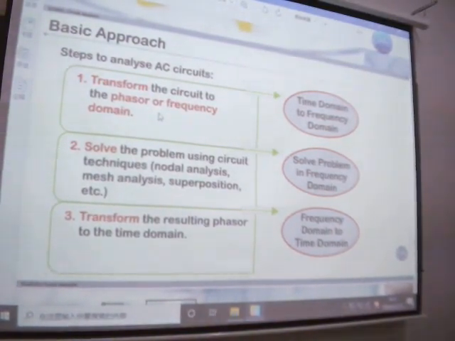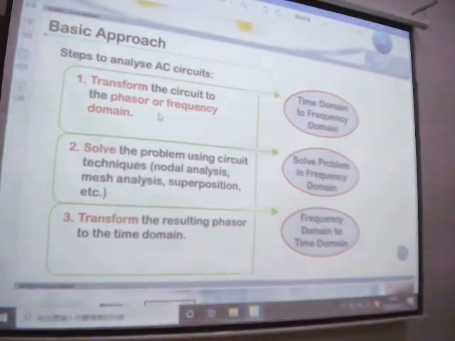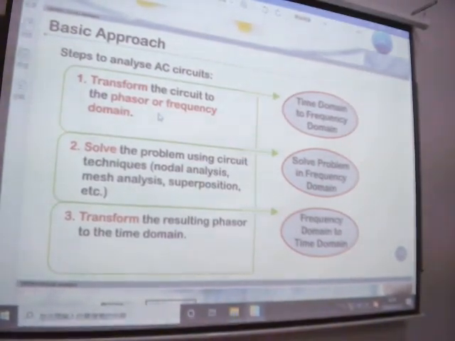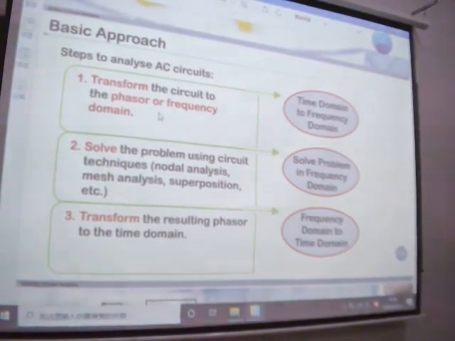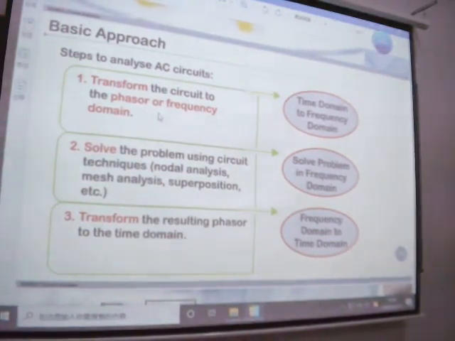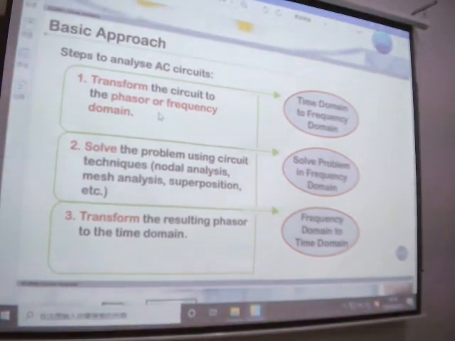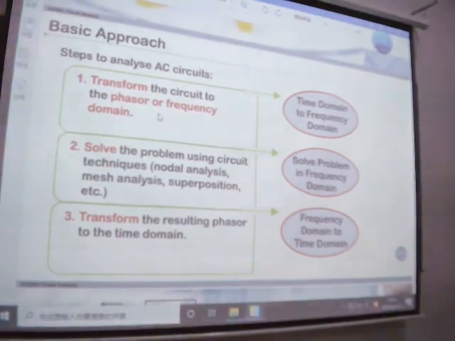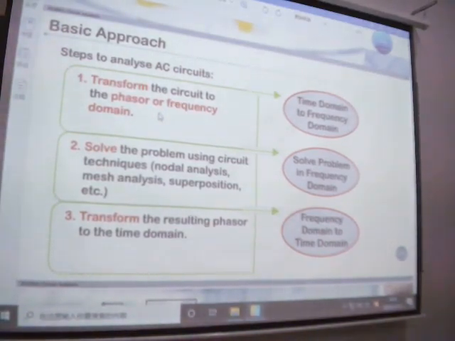In the time domain, we use L. In the frequency domain, if we use impedance, we use omega L. We add one omega here. And for admittance, we use 1 over omega L. And for the capacitor, we have 1 over omega C for the impedance, and omega C for the admittance.